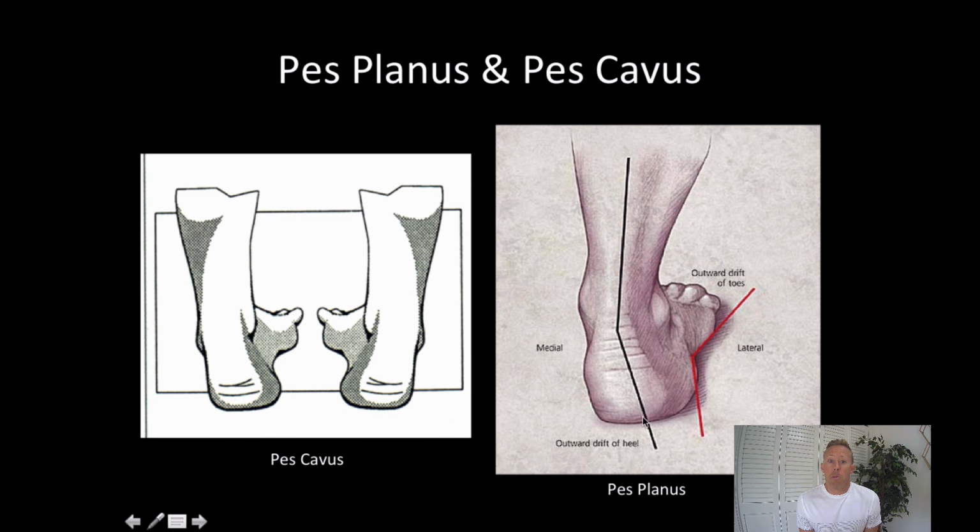So pes planus, if we had this calcaneal valgus position where the calcaneus points out, that can cause the arch to collapse and contribute to more pronation. And on the opposite side, a really supinated foot might have more of this calcaneal varus where it turns in and lifts the arch.